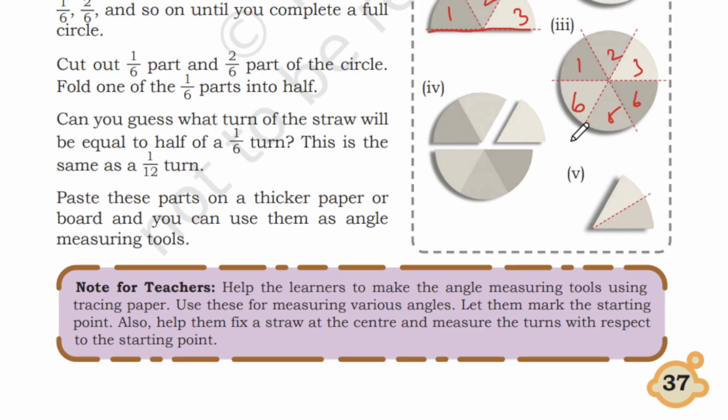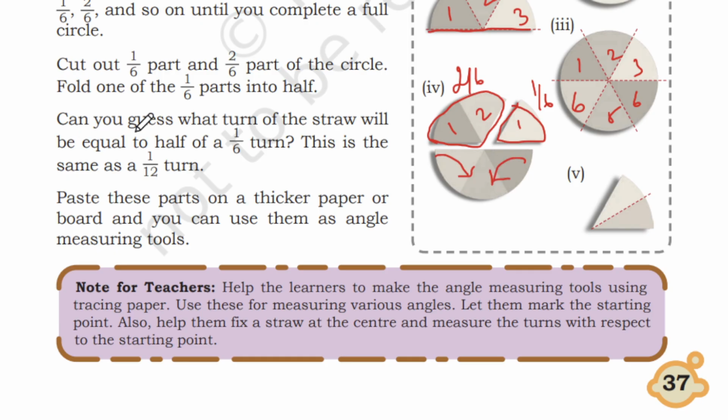So like this, here they have taken 1 by 6 part, they have cut and taken this part, and they have cut 2 by 6 of the part also. So this we have 2 parts, this is 2 by 6 part and this is 1 part of 1 by 6. Okay, after that they are folding this up.